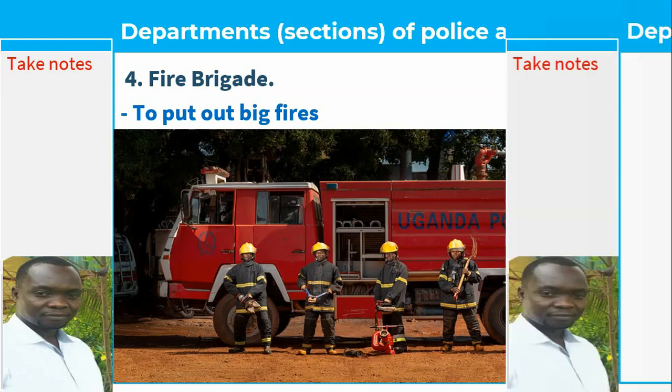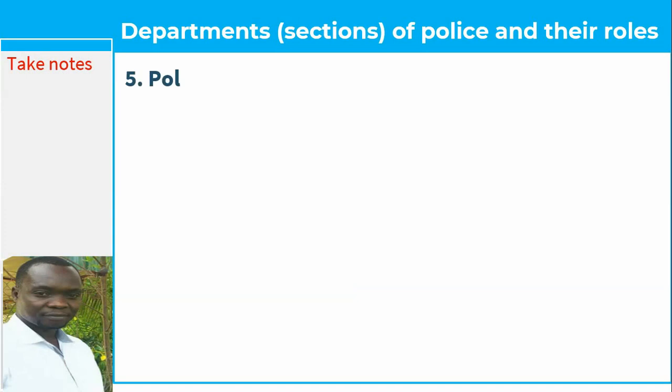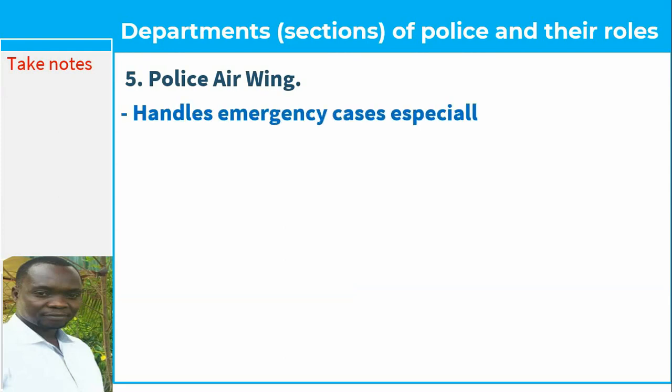So let's look at the fifth department, and that is the police air wing. If you have gone to our international airport at Entebbe, you will be able to see this team of the police. They handle emergencies, especially on plane crash.